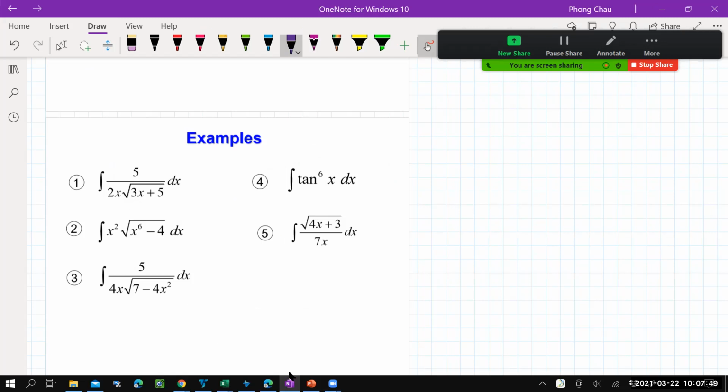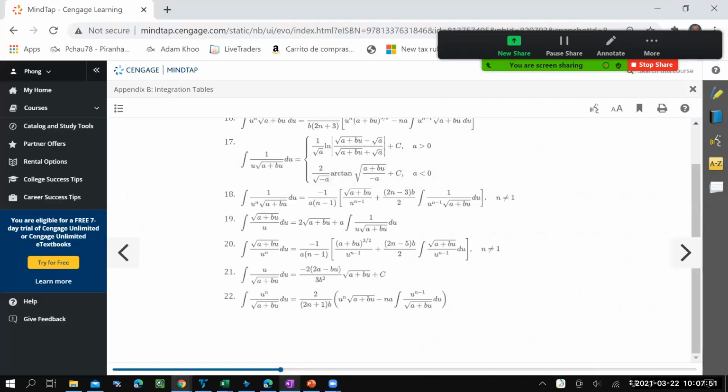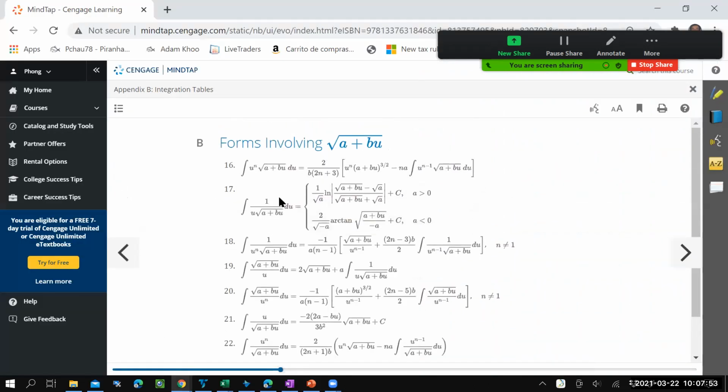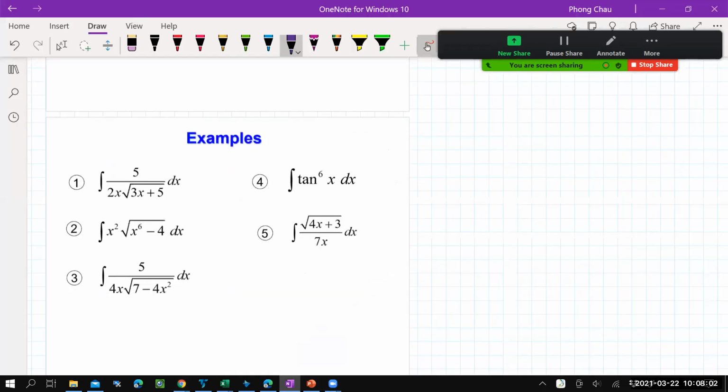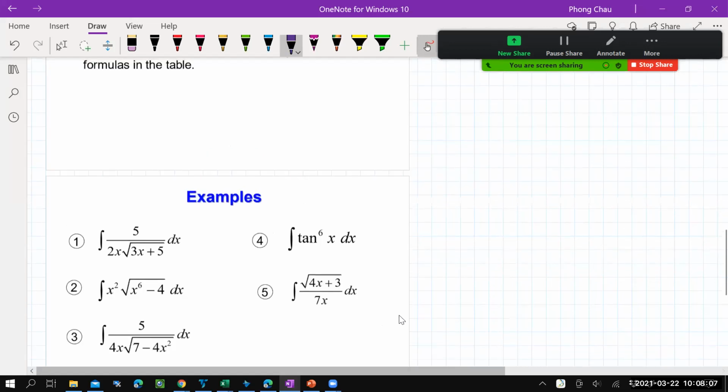So I'm going to use formula 17. Now in 17, we have 1 over u times root a plus bu. Let me write the formula up here so you can see. Right, so looking at example 1, we're going to use the formula.